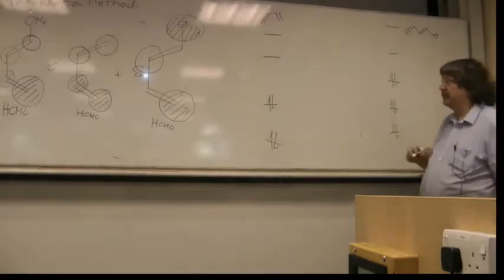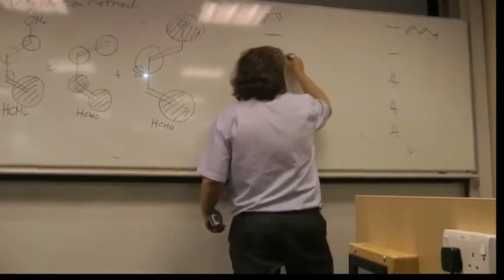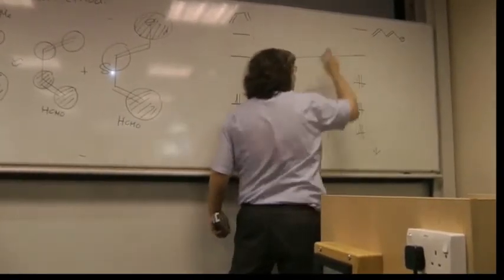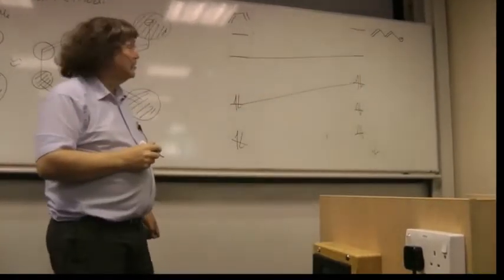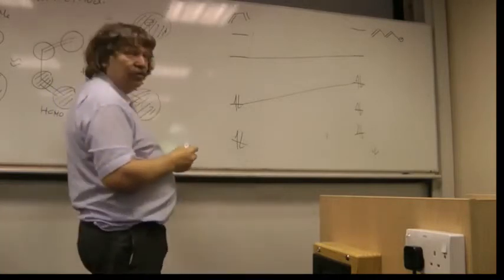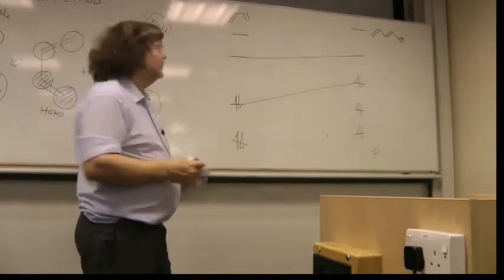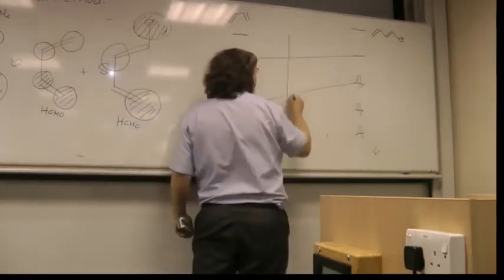And again, you look at the mixing, and so I should have made that a bit higher to make it a bit more obvious. But you can see that your methoxy substituted diene is going to be somewhere in here. So maybe it's here.